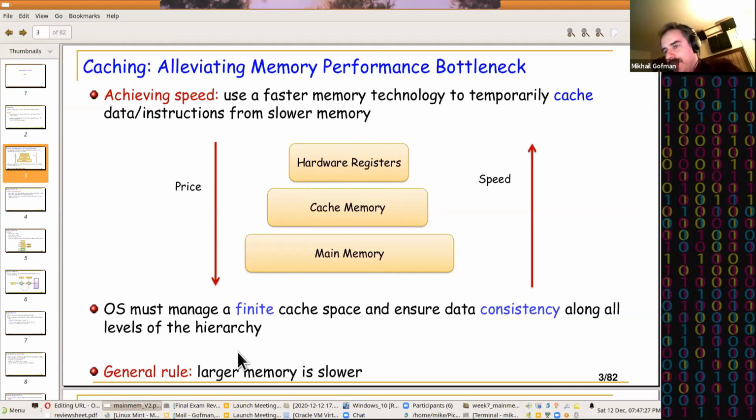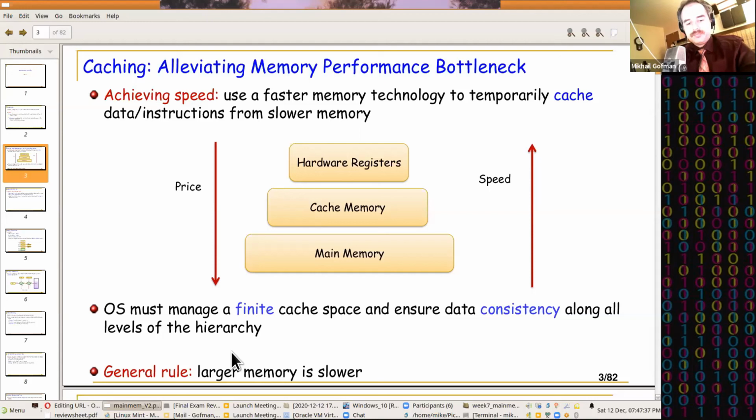Another one which I mentioned was the temporal locality, and it refers to time. If I accessed an item just now, it is highly likely that I'll be accessing that item again in the near future.